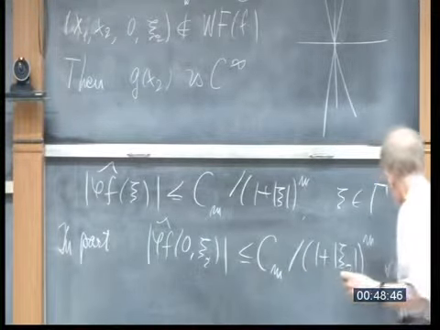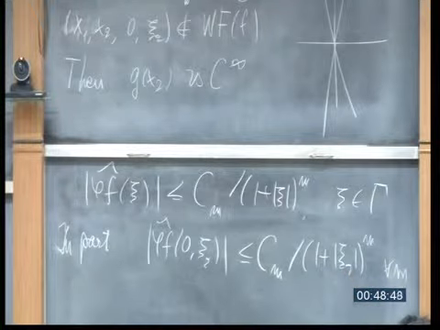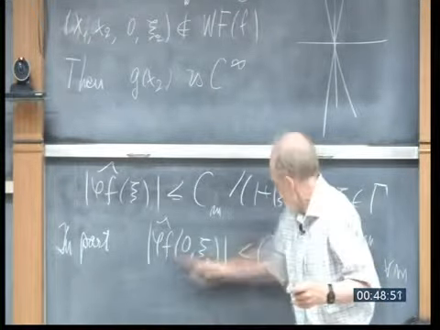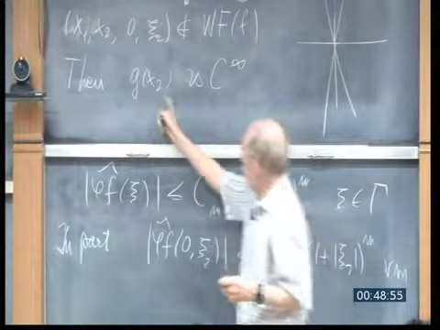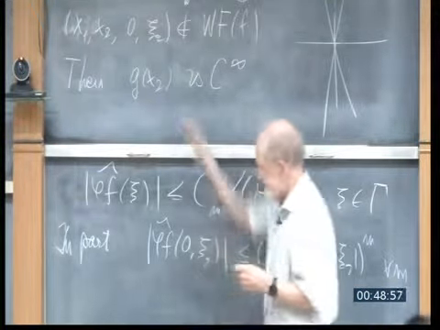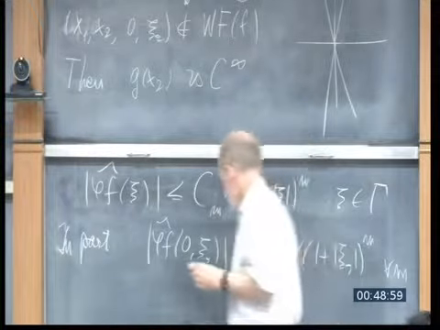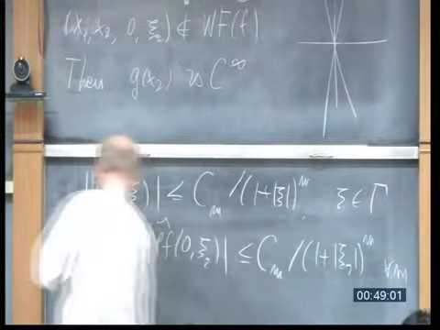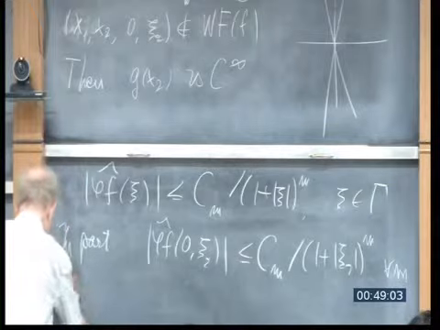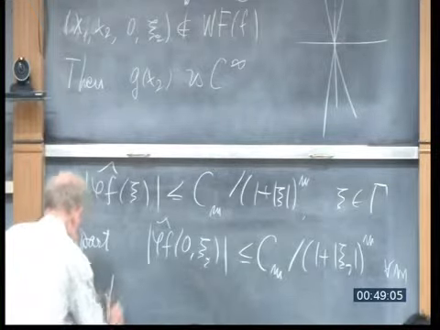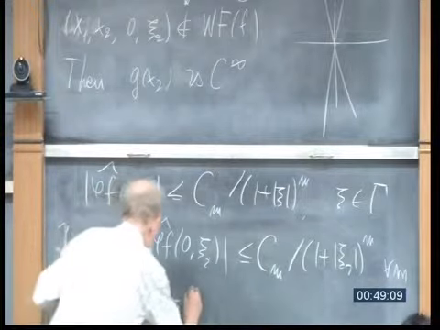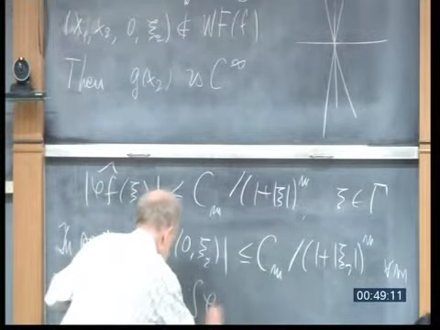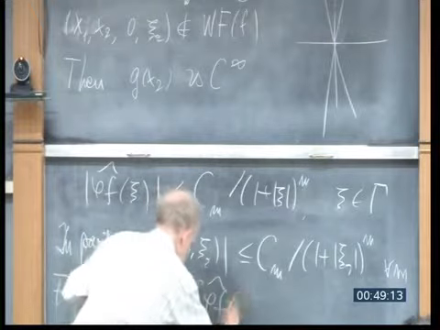But this function is the Fourier transform of not precisely g, but almost. It's the Fourier transform of h at ξ2.